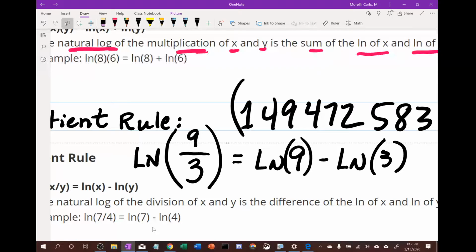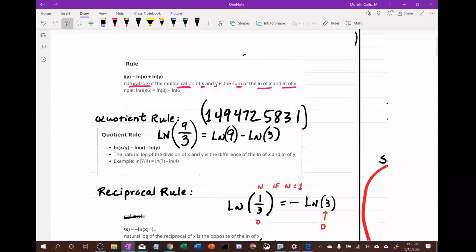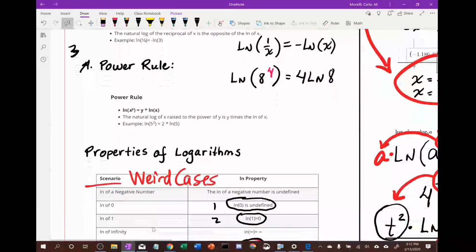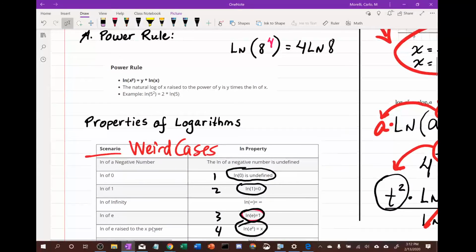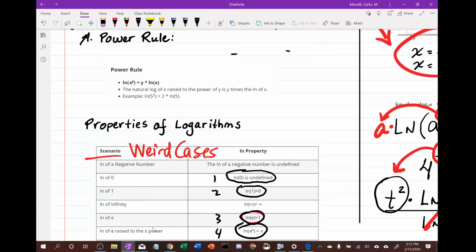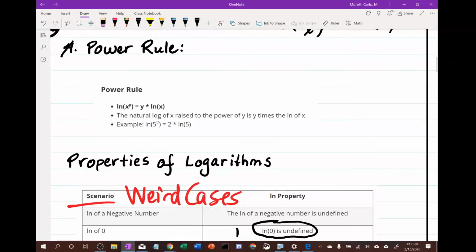Y'all are doing great. Now we're gonna skip the reciprocal rule for now, and we're gonna do the power rule. Lexi, can you please give me a number between 5 and 10? Cool. Now, Nathaniel, could you please give me a number between 1 and 5?